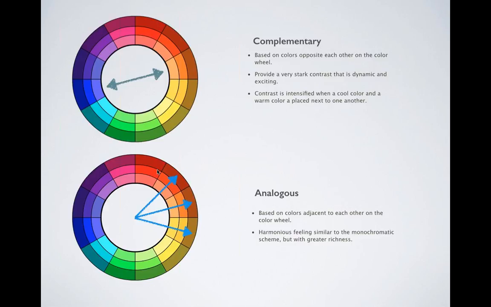And that's the analogous colors. So complementary, and I want to reiterate the term complementary because it's so often misinterpreted and misused. It doesn't just mean they work well together. It specifically means they are opposites on the color wheel and have very high contrast, very high energy. And analogous are the opposite.